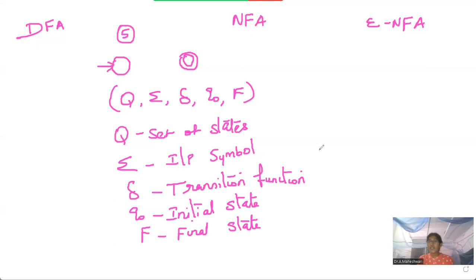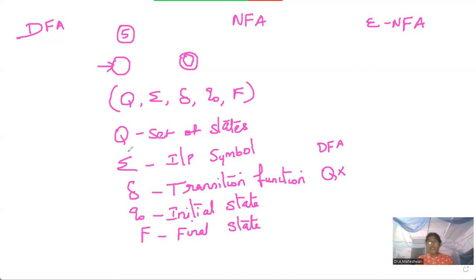Suppose we are considering DFA, how will the transition function be? The transition function is used when you want to move from one state to another state. Otherwise, I can call it a transition mapping. To move from one state to another, we need one state along with the input symbol. Using these two, I can reach another state.